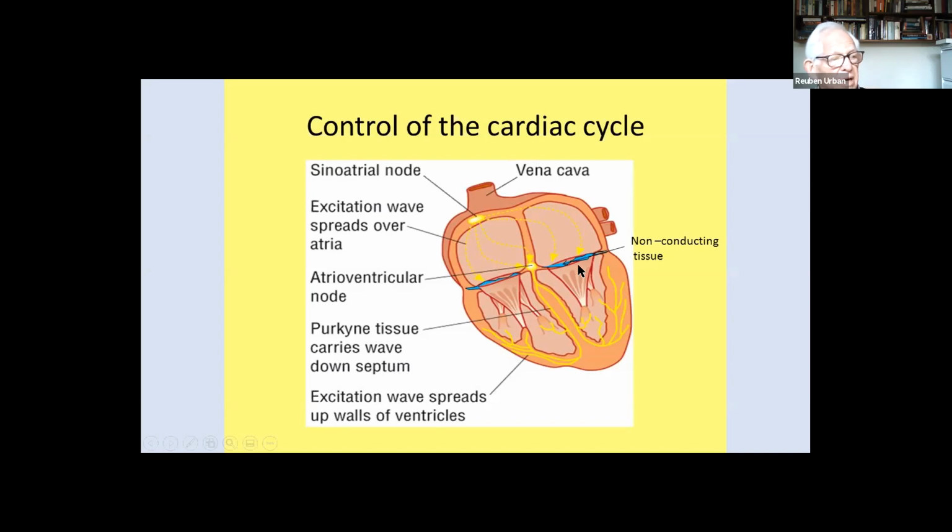And over time, these tendons, they're called tendonae, they actually stretch a little bit. And then sometimes when the 2 leaflets don't quite meet, you get what's called regurgitation going back. And over time, the regurgitation gets worse and worse, and you get a backflow, back pressure into the lungs.